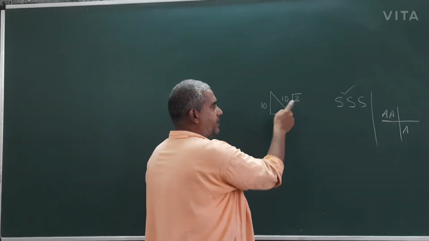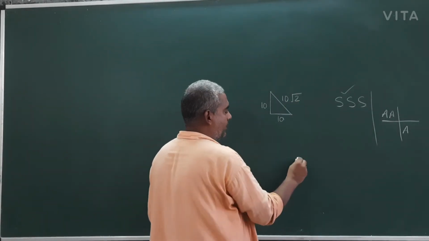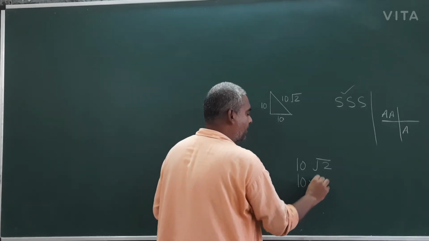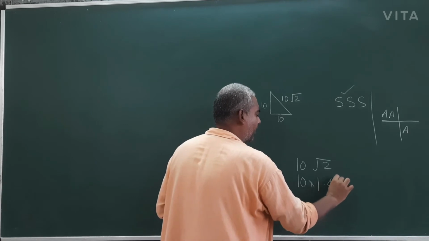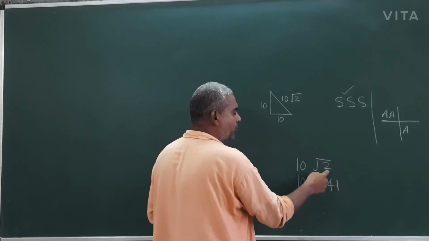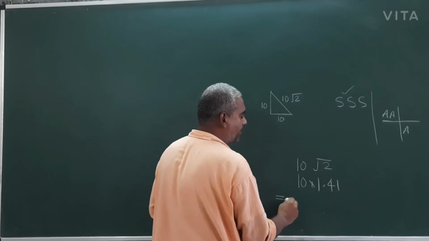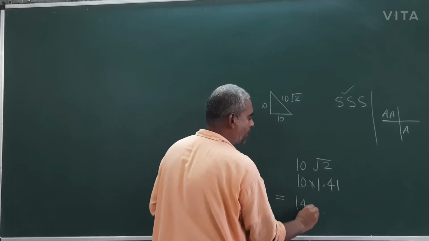So this is 10 root 2, 10 times root 2, it means 10 multiplied by 1.41. Actually root 2 is an irrational number, 1.41..., but approximately that will be 14.1.